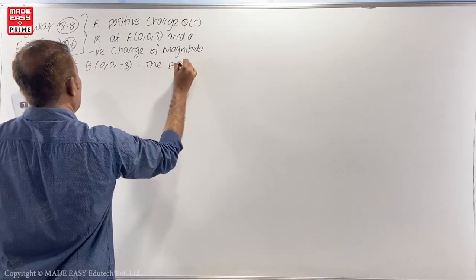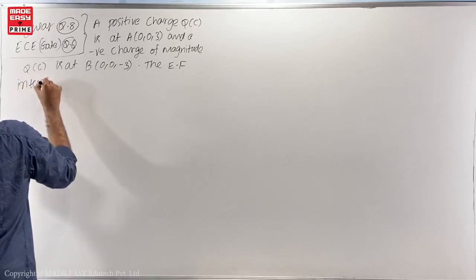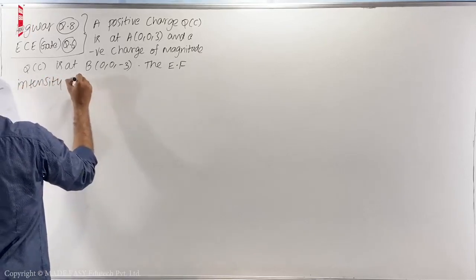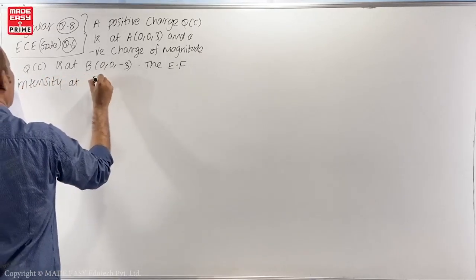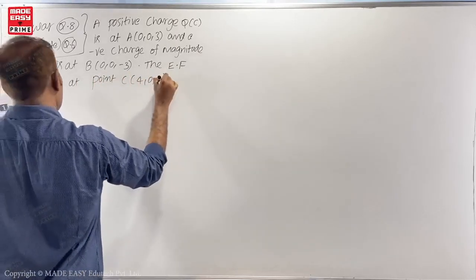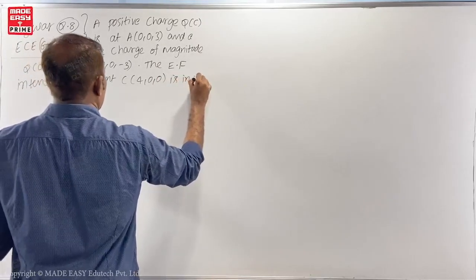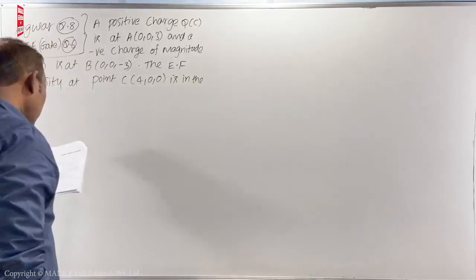The electric field intensity at point C 4 0 0 is in the direction of option A which is given.